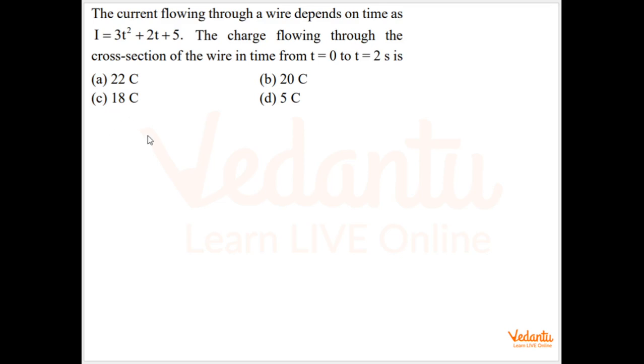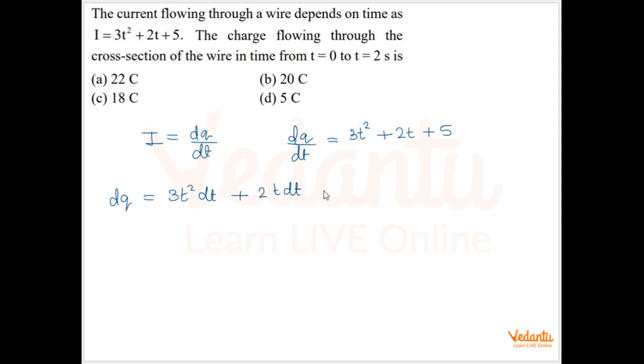So we will write, my dear bachcha log, I is equal to dq by dt, the rate of flow of charge, which gives me dq by dt is equal to 3t square plus 2t plus 5. Now my dear bachcho, if I cross multiply, I will get dq is equal to 3t square dt plus 2t dt plus 5 dt.